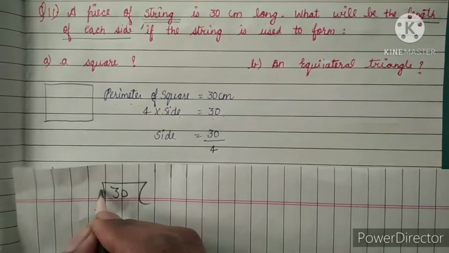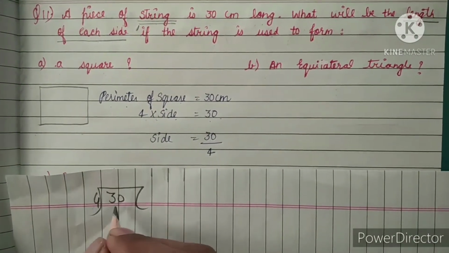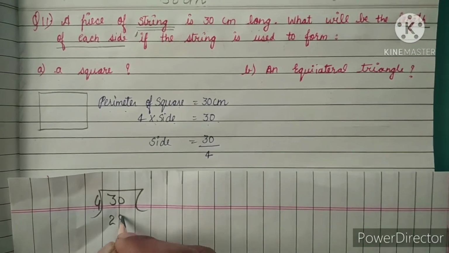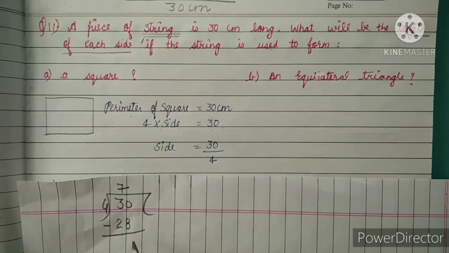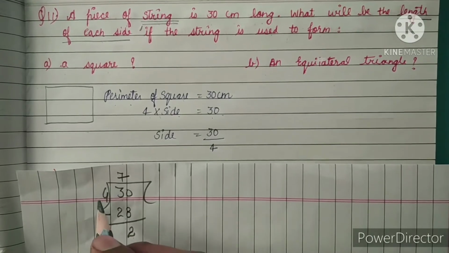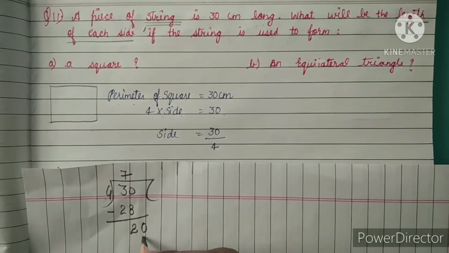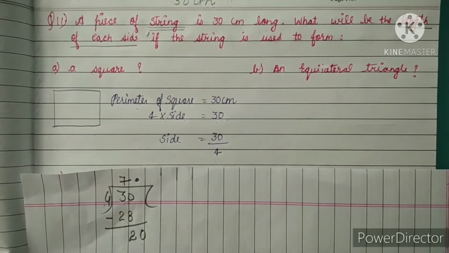30 by 4, in the table of 4, 30 will not come, but just less than 30, 28 is coming 7 times. 30 minus 28 is 2. Now we have to divide this 2 by 4, so we are putting here 0. When we are putting 0, on that time we have to put decimal.